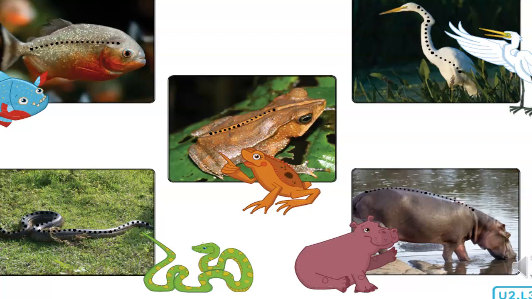Each bump you feel is a separate vertebrae. They form a row from your neck all the way down your back to your tailbone. Your spine serves a very important purpose. Your spine protects your spinal cord, that large bundle of nerves that sends messages from your brain to every part of your body.